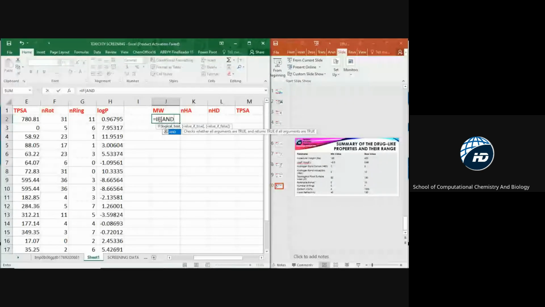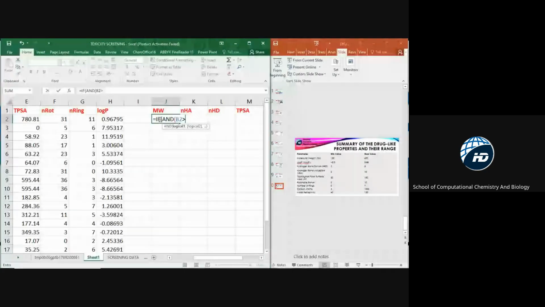IF AND, open bracket, B2. Just like the way we used to write, we say not below 150. That means we say greater than or equal to 150, because the minimum is 150.